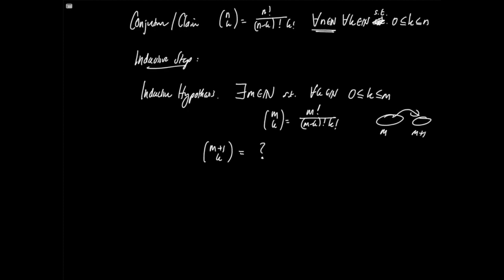You're going to need a lemma or something to convince yourself that that can be written in terms of m choose k and m choose k minus 1. Separate proof. So go off and do that separate proof, check it, check I've got it right and do it, and then follow your nose and see if you can complete the inductive proof. That is, if you can complete the inductive step.